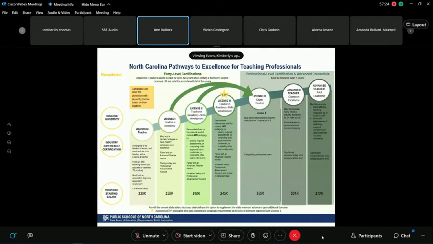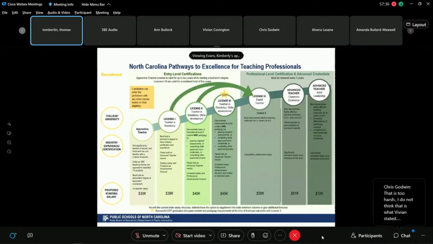That doesn't answer the question, Tom. I understand that. But in this model, Dr. Covington referenced either meeting content or pedagogy. That was the old display. That doesn't even reflect what's been updated in this model. The idea that micro-credentials drive the whole conversation is nowhere reflected in this model.